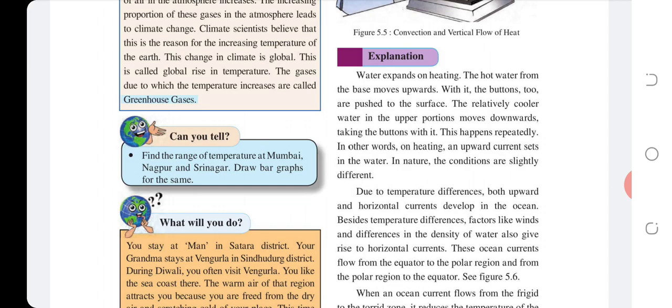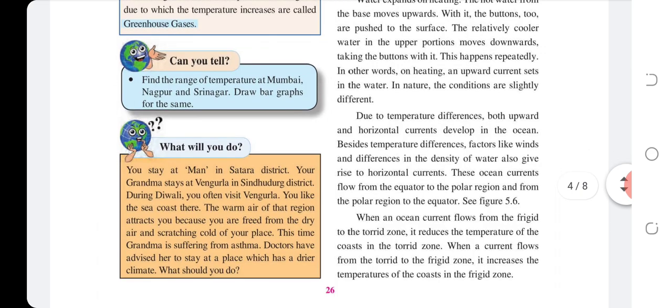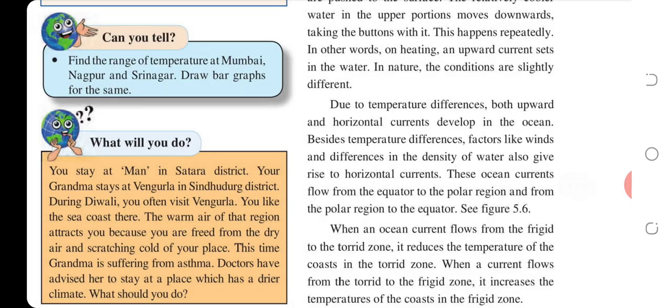In nature, the conditions are slightly different. Due to temperature difference, both vertical and horizontal currents develop in the ocean. Besides temperature difference, factors like wind and difference in density of water also give rise to horizontal currents. These ocean currents flow from the equator to the polar region and from the polar region to the equator.